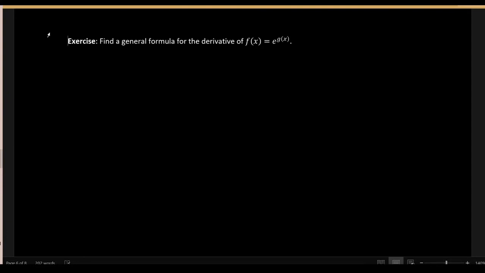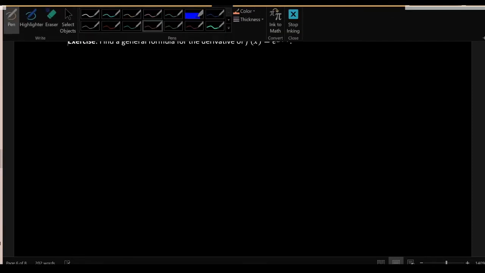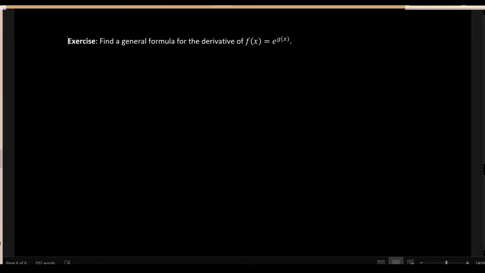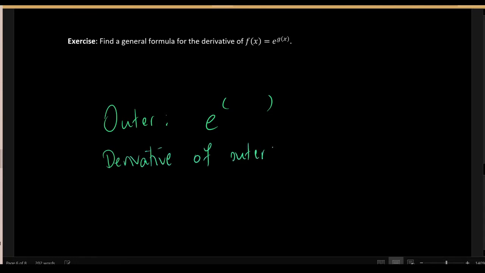Let's find a general formula for the derivative of e to some function. Let's just call it g of x. Now, just as in the previous example, in this setup, the outer function is given by e to the something. And the derivative of this outer function is just again e to that something.